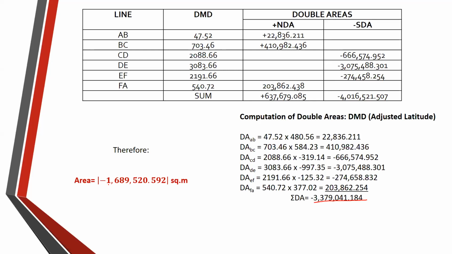So again, always take the absolute value. We put the absolute sign, so it looks like a bracket. Okay? So the absolute value of negative 1,689,520.592, or you can write this simply as 1,689,520.592 square meters.